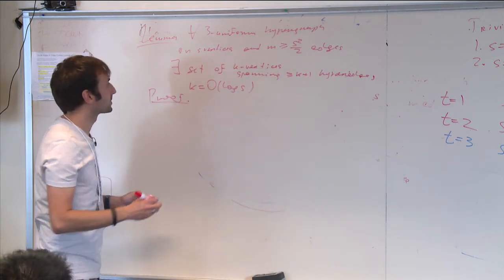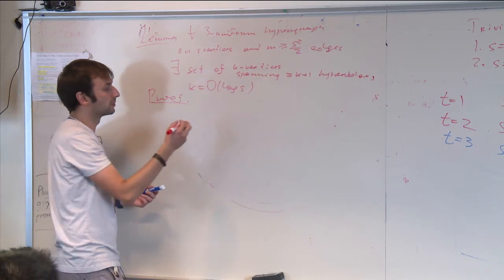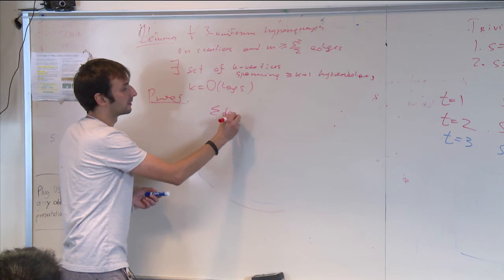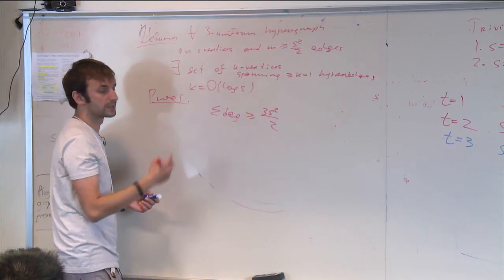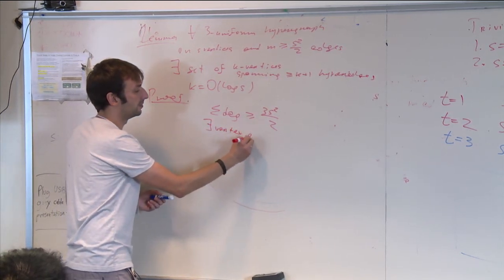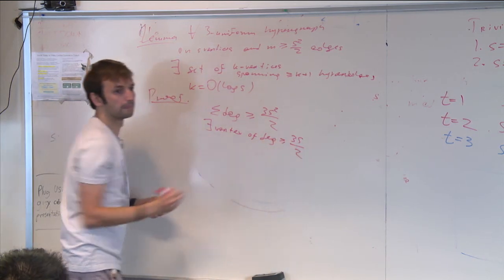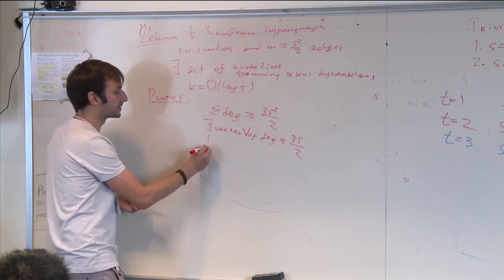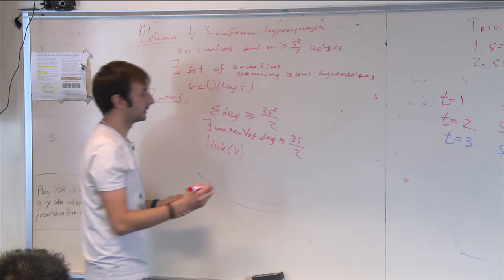So how do we prove this? We say, okay, I have that many edges, so the sum of all degrees in the graph is at least 3S squared over 2. So there exists a vertex of degree 3S over 2. There exists some vertex, let me call it v. Now let me take the link graph of this vertex v, which means the following.